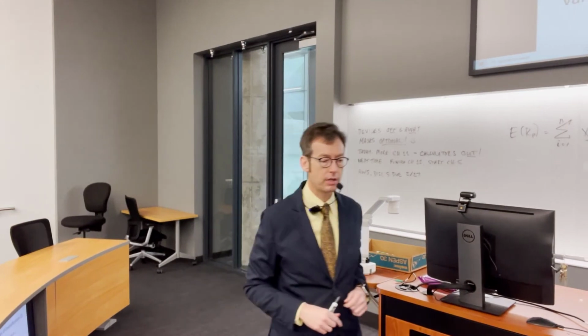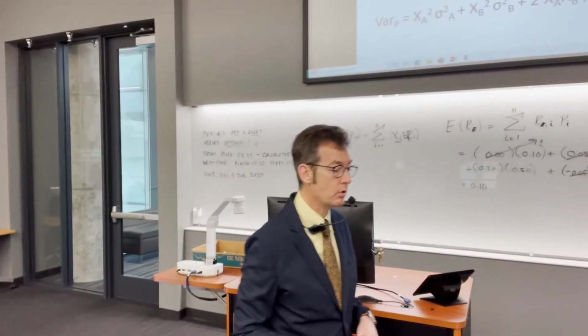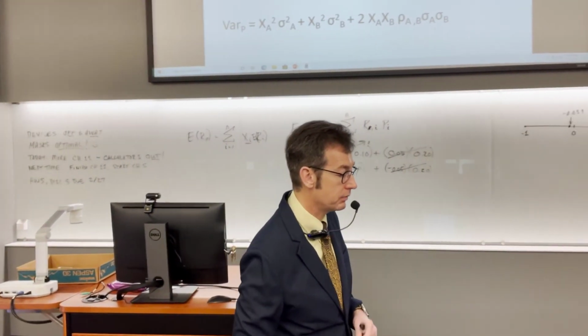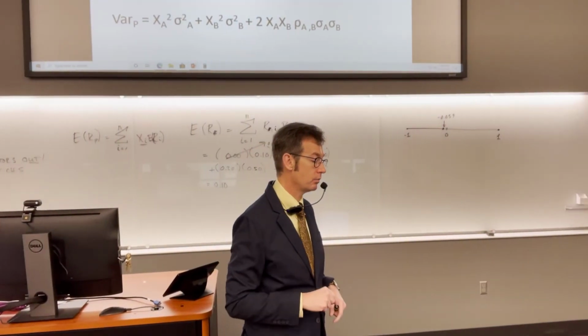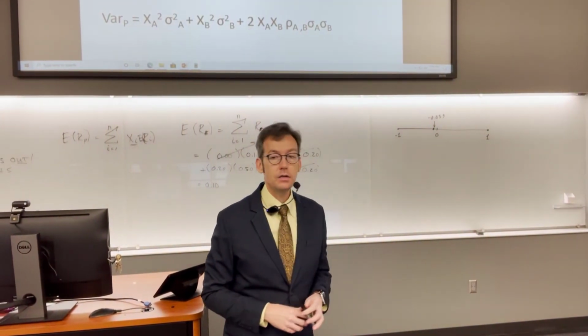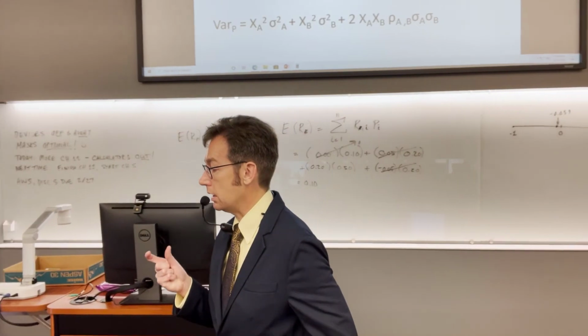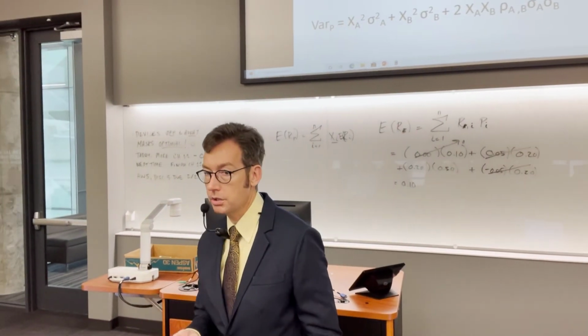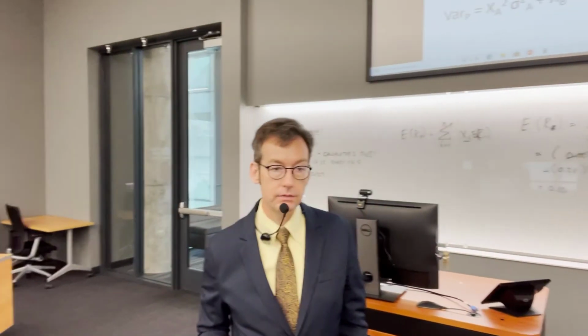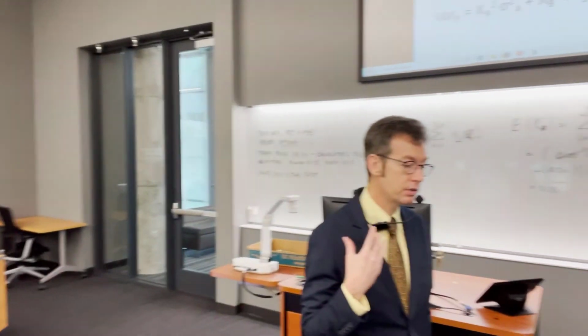I'm going to rearrange that formula. I'm going to multiply both sides by the standard deviation of A and the standard deviation of B. And that's going to give me that the covariance of A with B is equal to the correlation of A with B times the standard deviation of A times the standard deviation of B.